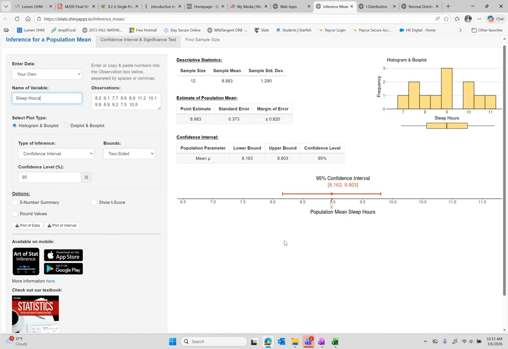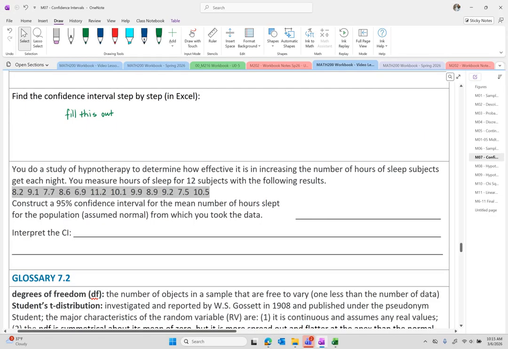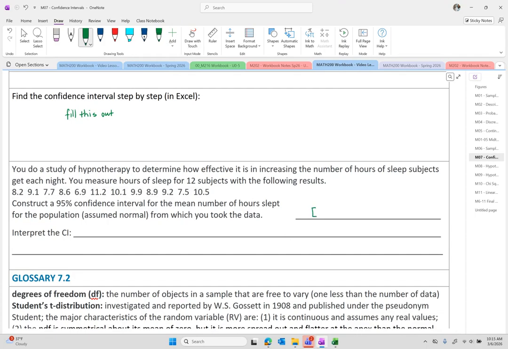The interval happens to be 8.163 to 9.803.